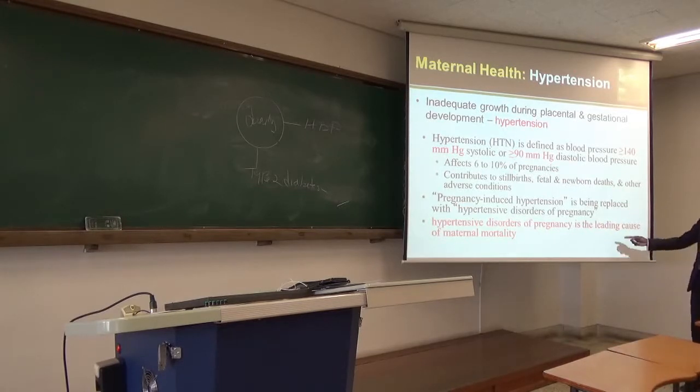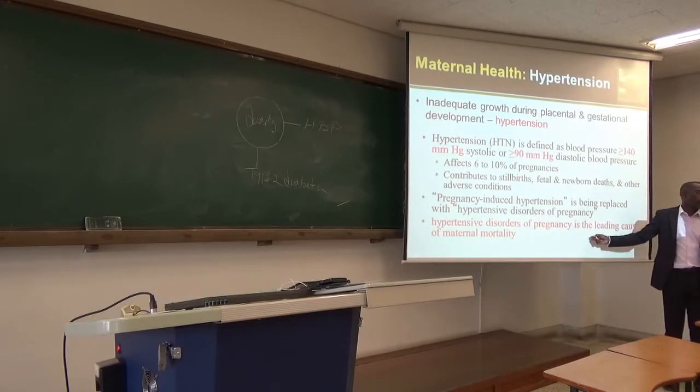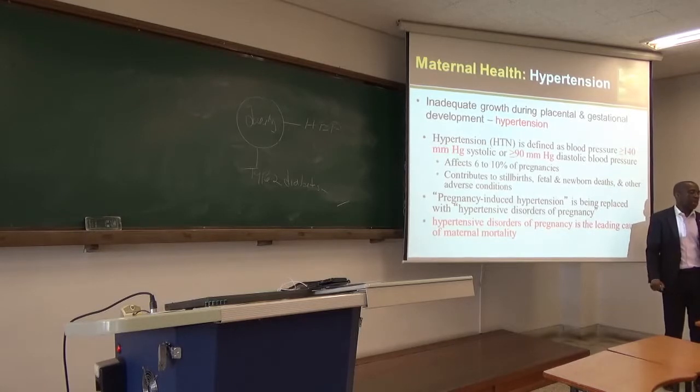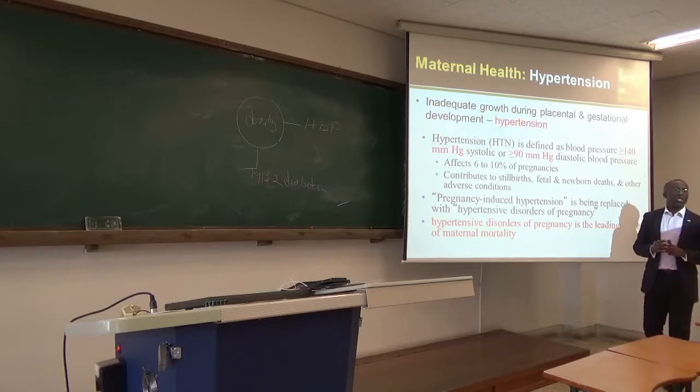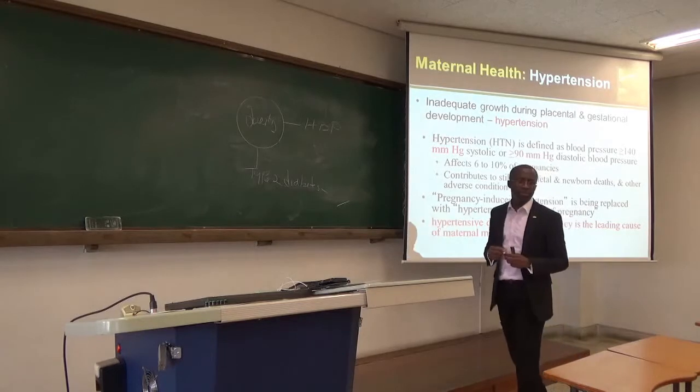That's the leading cause of maternal mortality, meaning that when we hear that this woman passed away, she died at the hospital, most of the time it will be because of this gestational hypertension. So once again, the importance of having a well-planned diet and a better lifestyle in terms of what we put in our body.